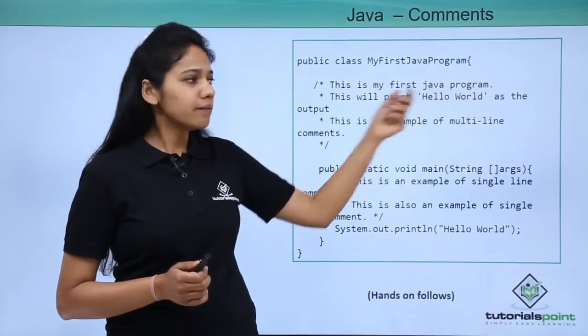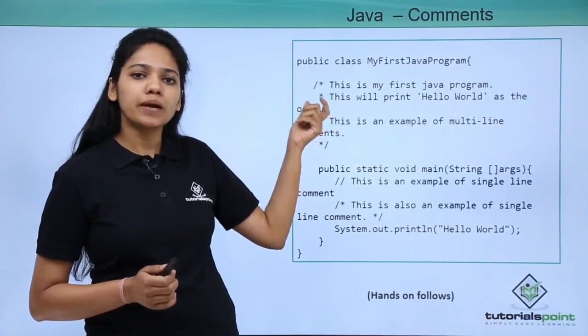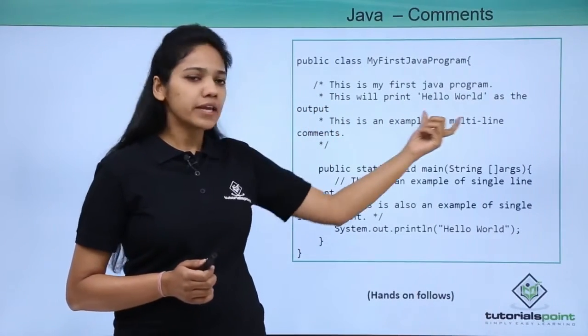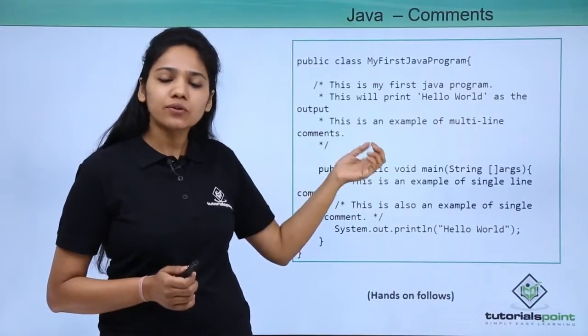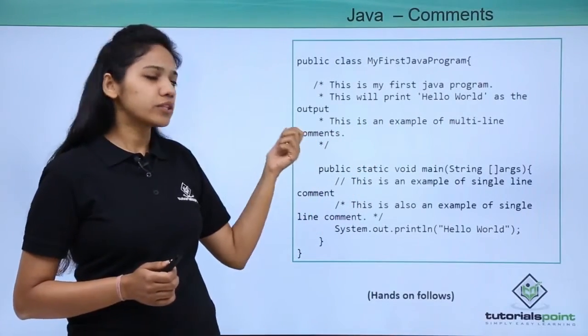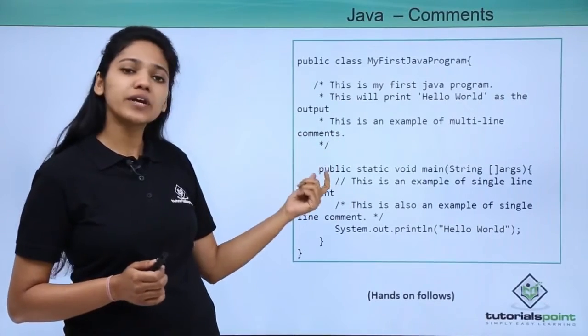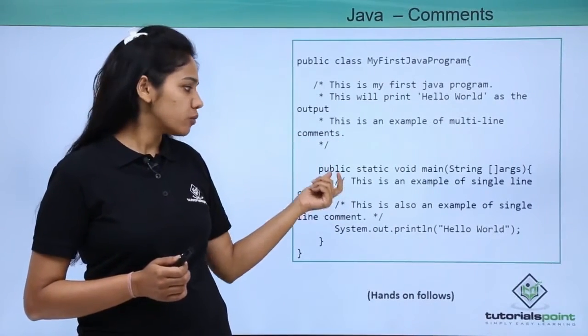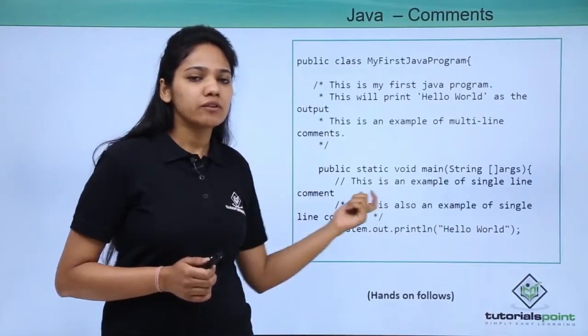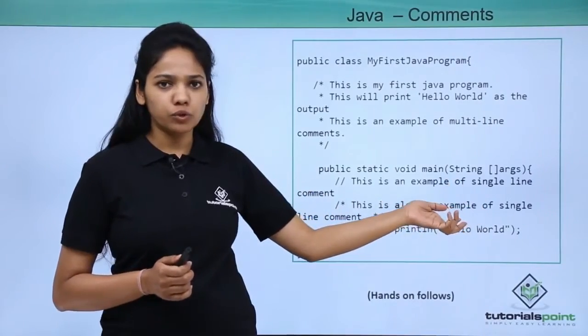Once you click enter, the asterisk would be added by itself. So once you complete writing your comments, please close with an asterisk followed by a forward slash. To write a single line comment, you provide two forward slashes followed by the comment that you would want to provide.